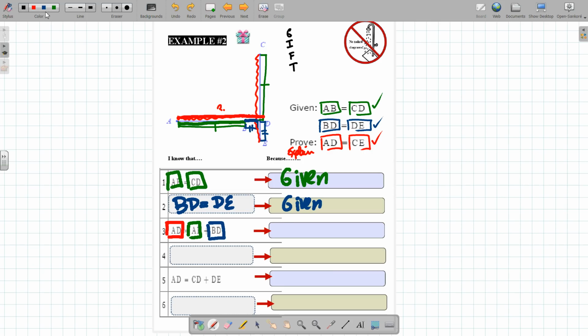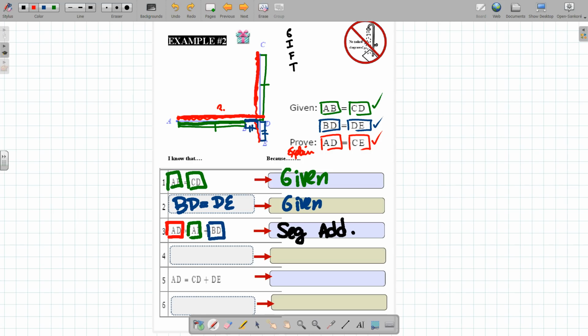Why? Little segments add up to bigger segments, so we're going to write segment addition. Let's do our other segment addition. So let's trace this one.